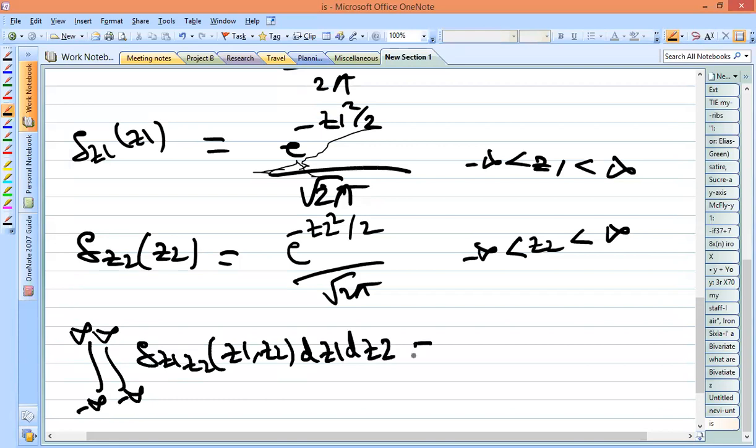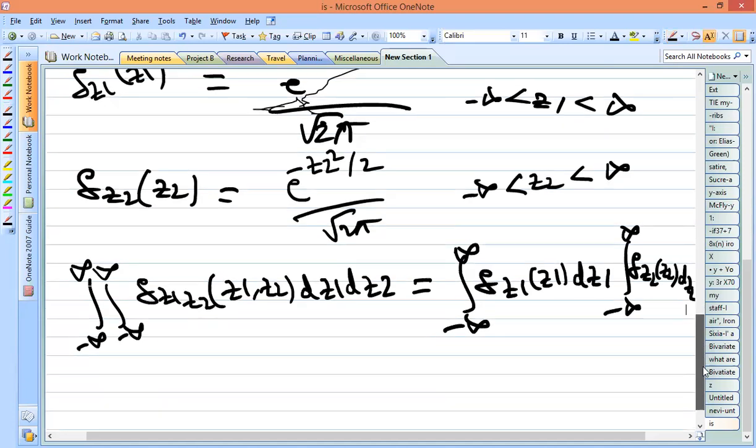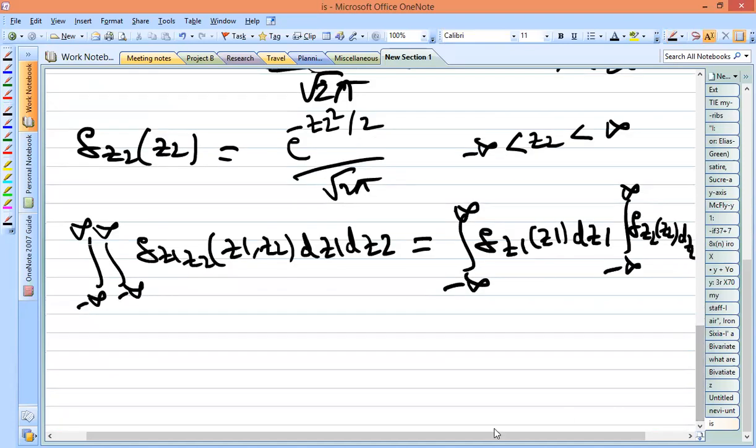It can be rewritten as the integral from minus infinity to plus infinity of fZ1 of z1 dz1 times the integral from minus infinity to plus infinity of fZ2 of z2 dz2. That is nothing but assuming z1 and z2 are independent, so that can be split up.